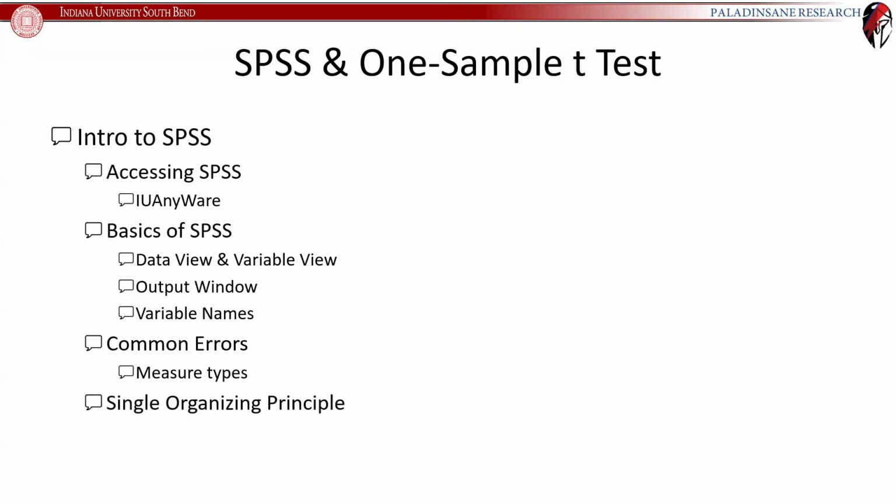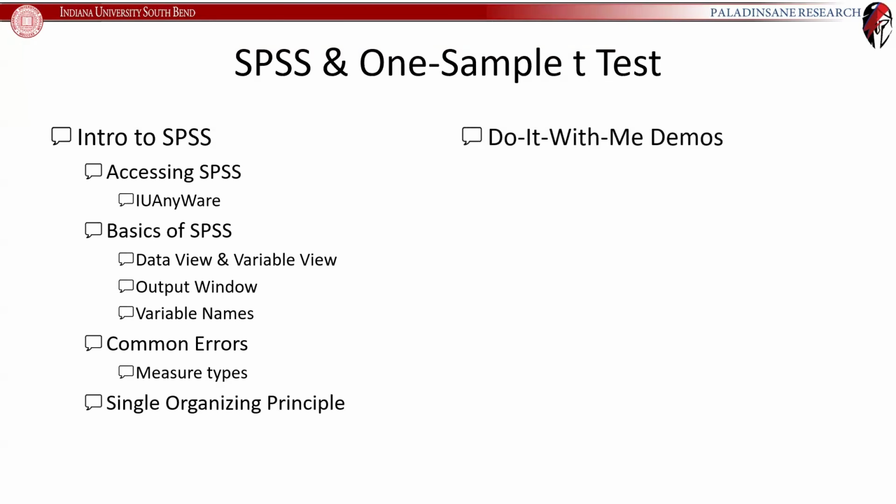And then I'm going to give you the single organizing principle that will solve 98% of your SPSS data formatting questions. So there's one rule that organizes SPSS in most cases.